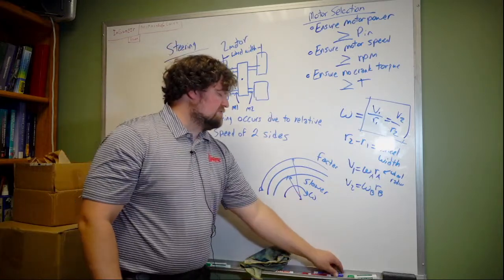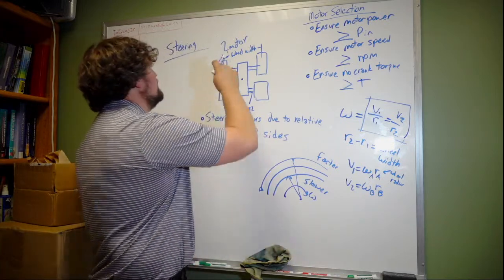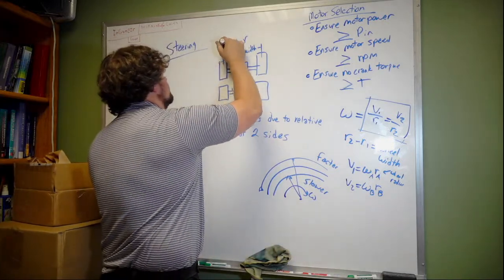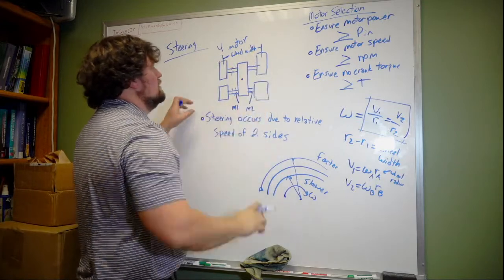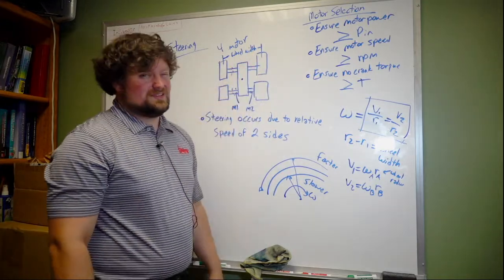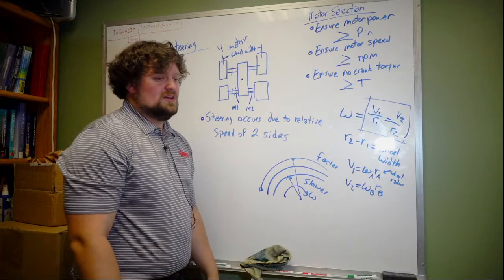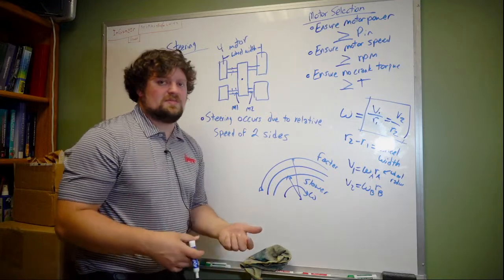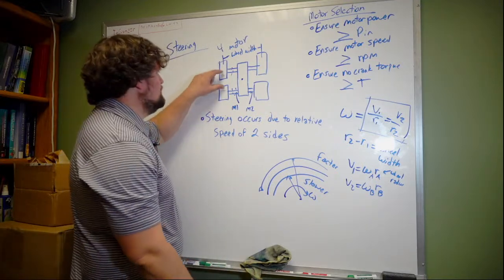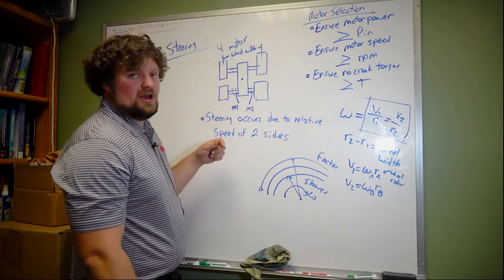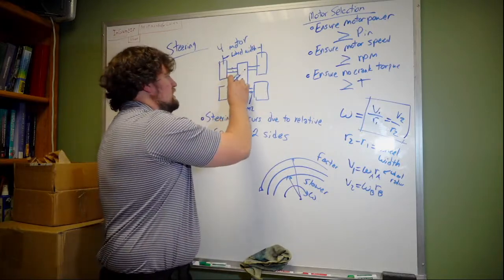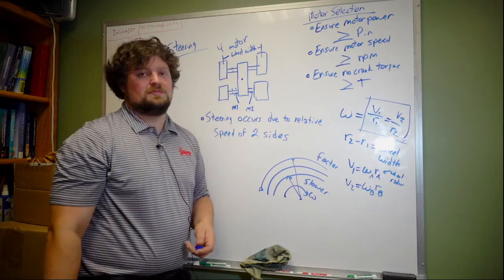If you were to have a four motor system, these two motors likely will be powered with the same exact power. You would only end up having two independent wheels. You can have an off-road application there, and there's no need for independent control.